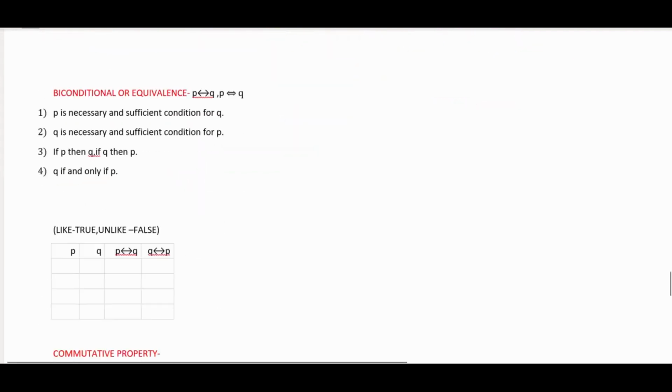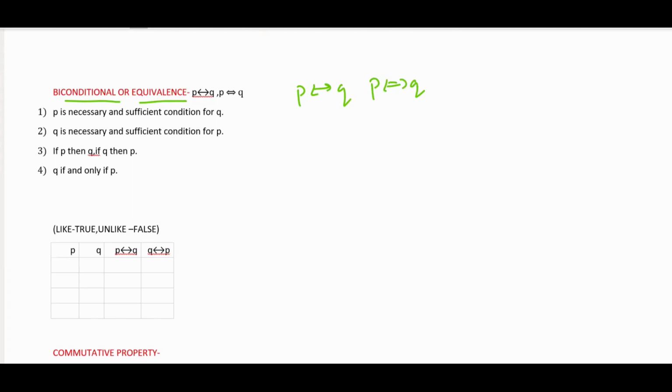Okay, now next is biconditional or equivalence relation, and the symbol is this. I think you know the symbol.